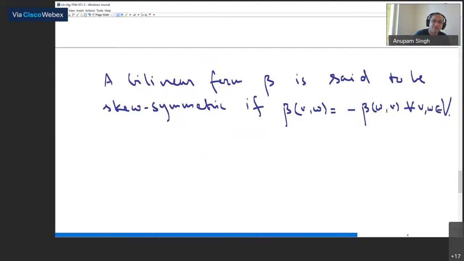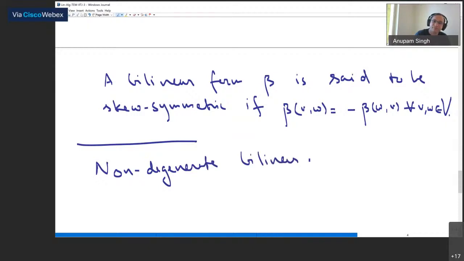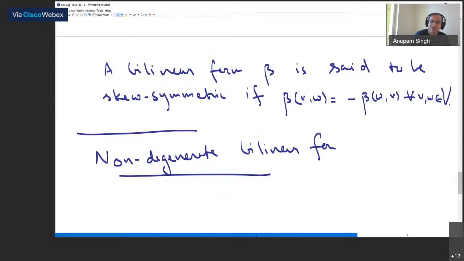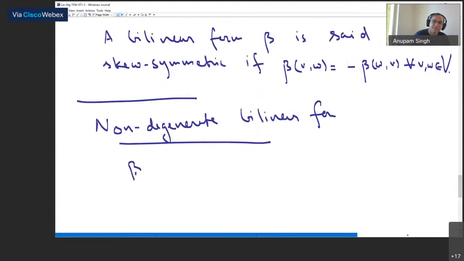I will make another definition which is for technical reasons. Maybe I'll not elaborate too much here. So when do we say something is a non-degenerate bilinear form? Non-degenerate means if I have this beta, and if I look at the associated matrix A, then the determinant of A is not zero.